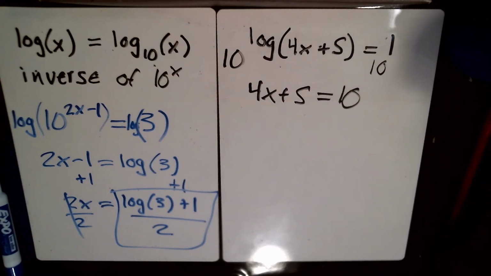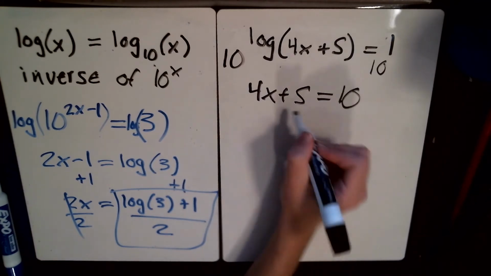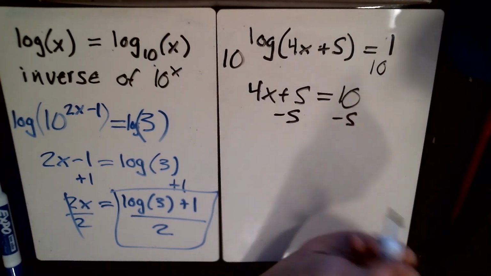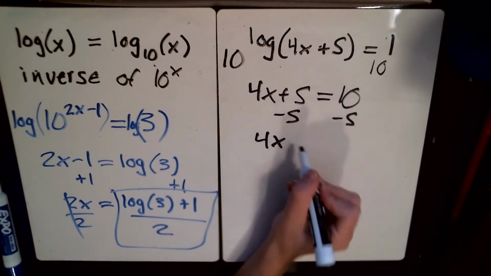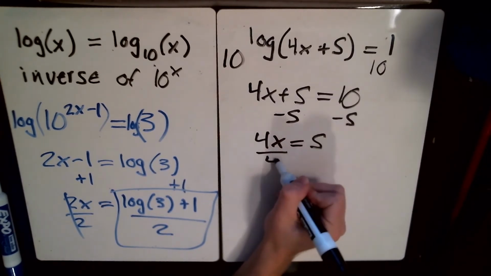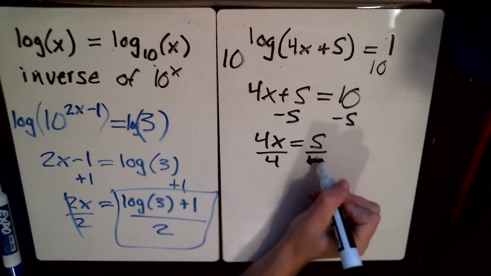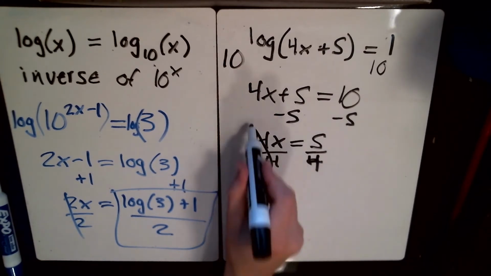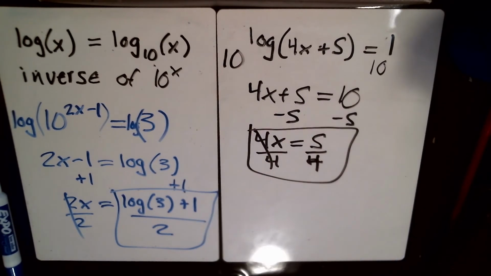Now I can solve for x. I subtract 5 from both sides, we get 4x is equal to 5, and divide by 4 on both sides, so x is 5/4. In other words, log and 10 to the x are inverses of each other. When you don't write a base, the base is 10.